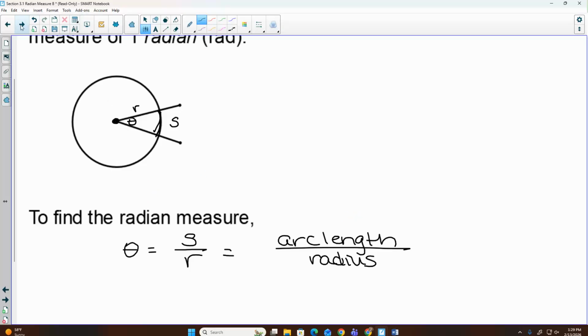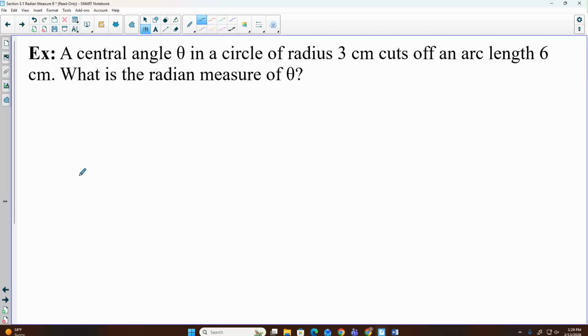So, for example, if I tell you you have a central angle theta in a circle of radius 3 centimeters. I have a circle, angle coming out from the center. The radius is 3 and it cuts off an arc of 6. What's the radian measure?